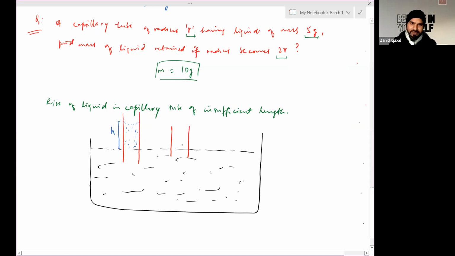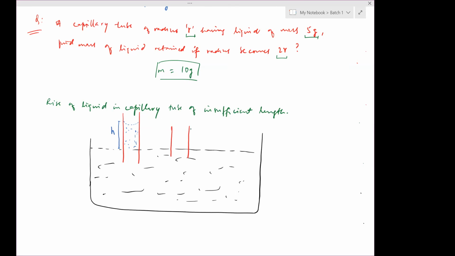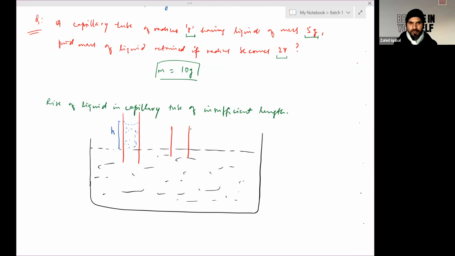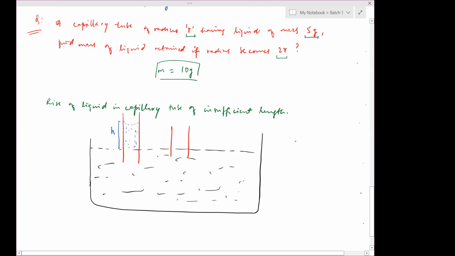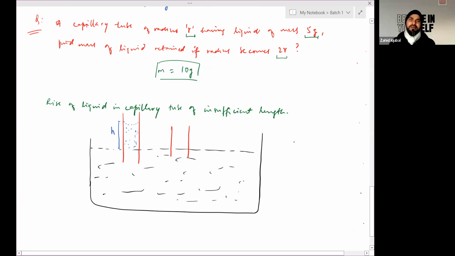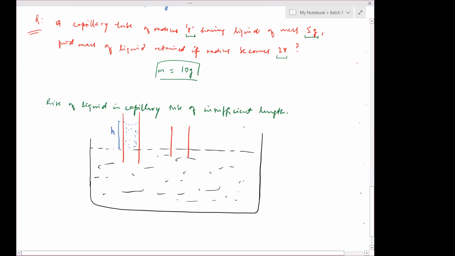Will the level of liquid rise up and overflow from this part, or something else? It won't overflow. It will overflow. Khalid, will it overflow or will it remain behind at the tip? Sir, I think it will overflow. Okay.